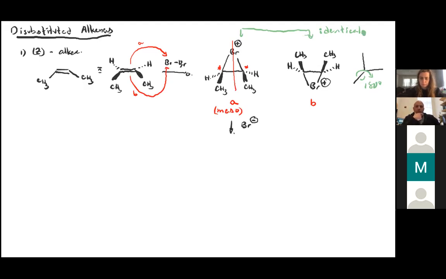But here the substitution is identical. And so there's an equal probability that it's going to attack either one. And so again, we can go with the A, B nomenclature. Maybe I'll just stick with A and B. So we'll go green now. We'll go blue.